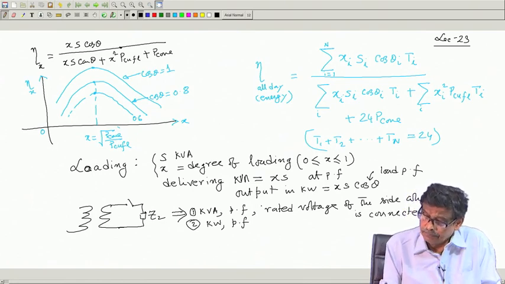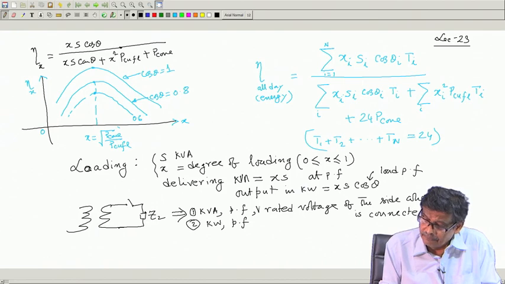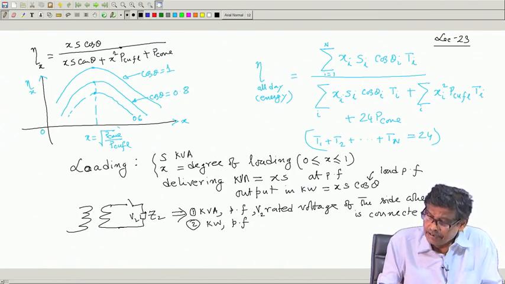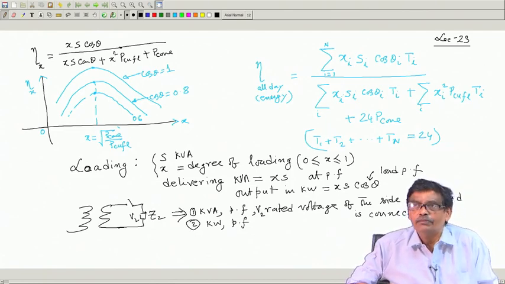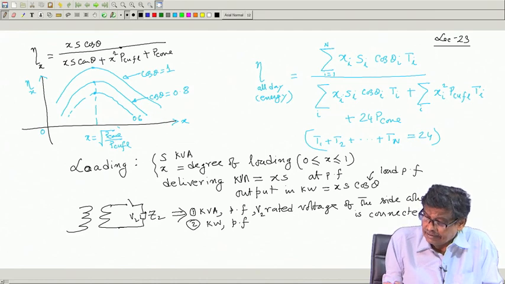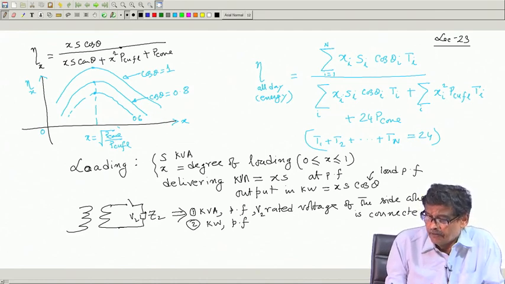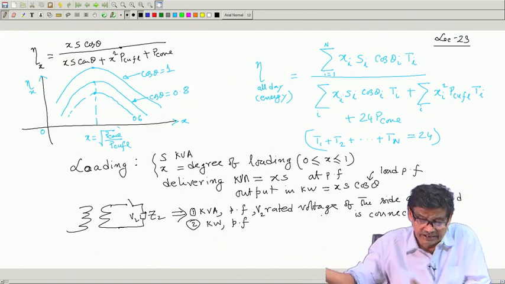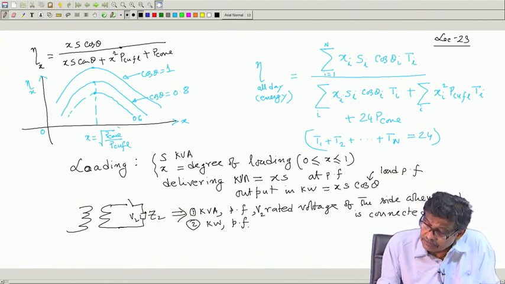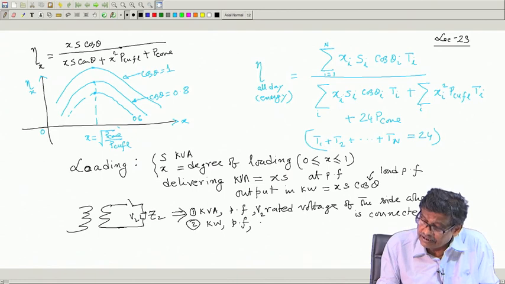Therefore, say V2. Therefore, from kVA, power factor and V2, I will be able to calculate the effective Z2. But generally kVA, power factor and the voltage at which that kVA is delivered will be specified. Similarly, it will be kilowatt, power factor and V2.